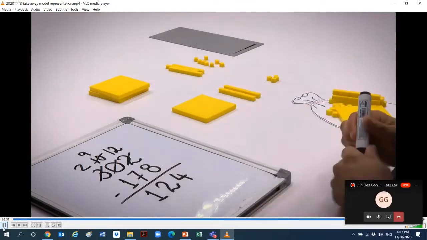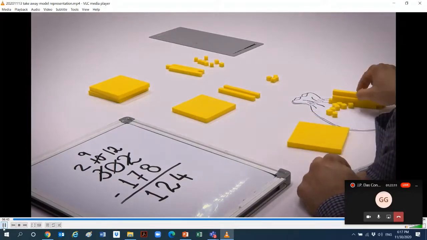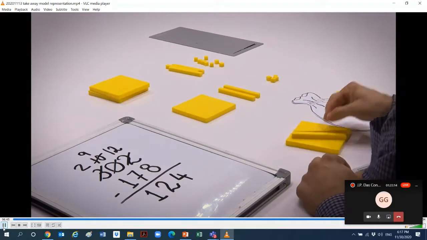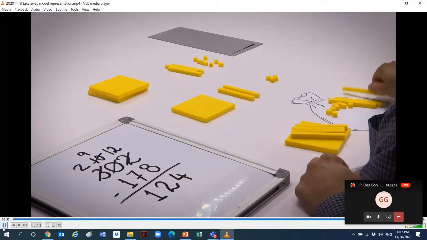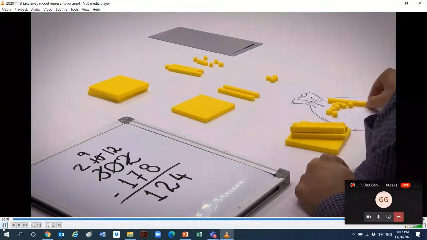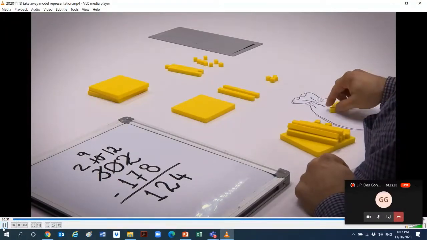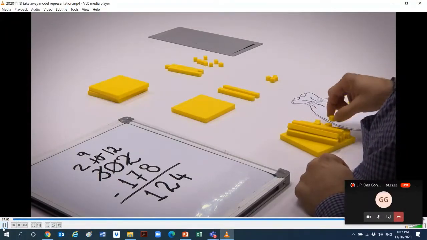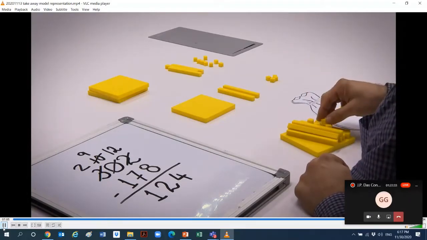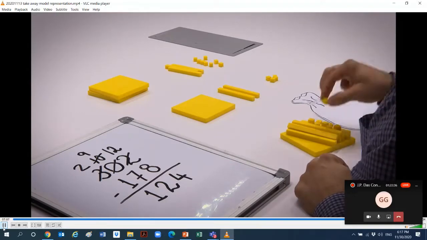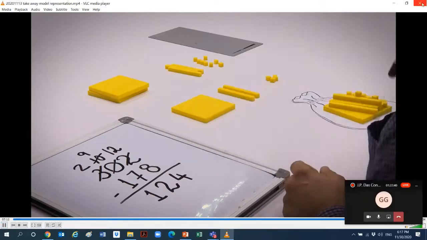And let me check. Do I have 178 in my bag? 100, 110, 120, 130, 140, 150, 160, 170, 171, 172, 173, 174, 175, 176, 177, 178, so it's 178, which goes in my bag.